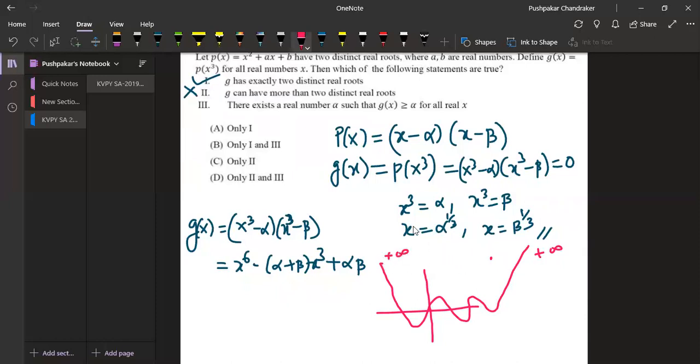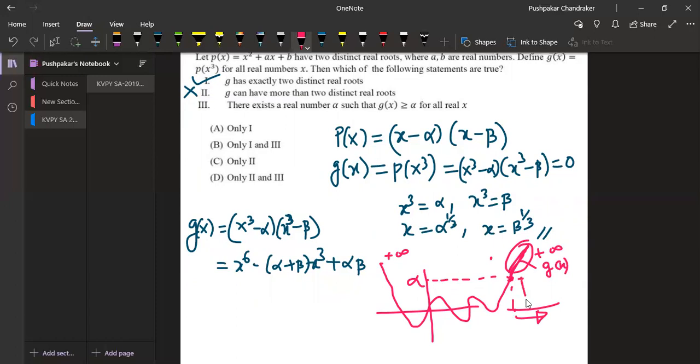So definitely for some particular real number alpha, like suppose here is alpha, this value is alpha because that is the y coordinate. G of x is the y coordinate, no? This is my g of x. So definitely beyond this particular point, on the right side, the g of x value is always greater than alpha.